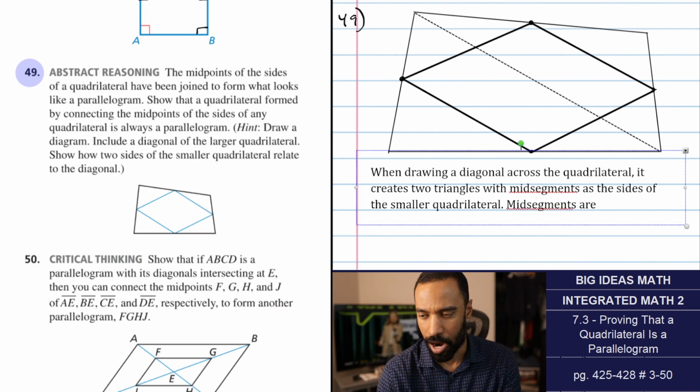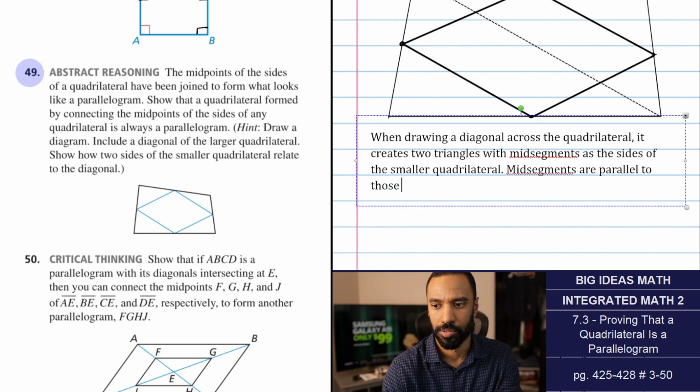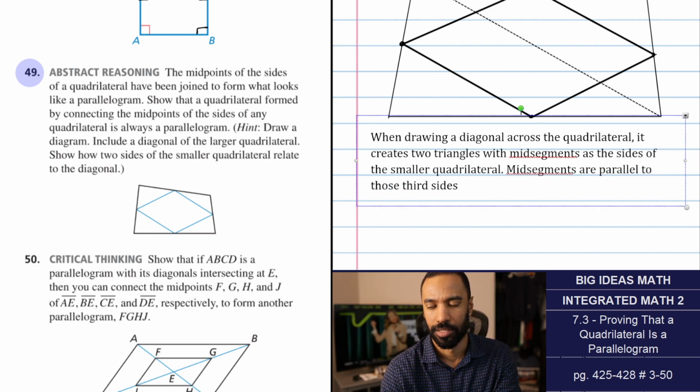Mid-segments are parallel to those third sides, such as this diagonal.